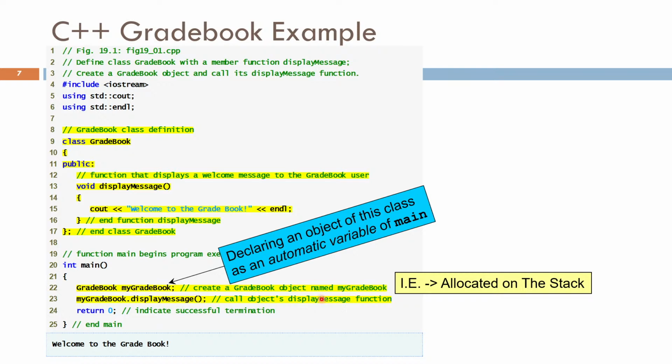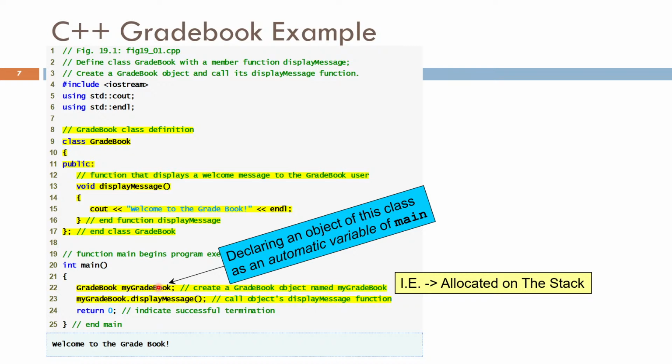Now, one thing to note is that when we create our own object of class data type GradeBook, this variable is allocated onto what we refer to as the memory stack. The memory stack is a concept we'll get to in later lectures. But for now, the short explanation is that anything that you create or destroy within your main function gets allocated upon this memory stack.